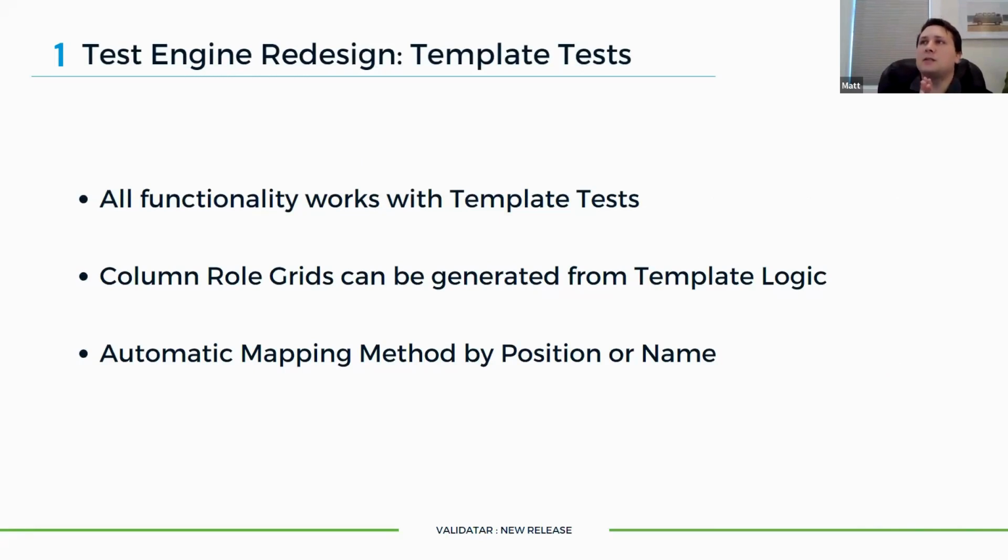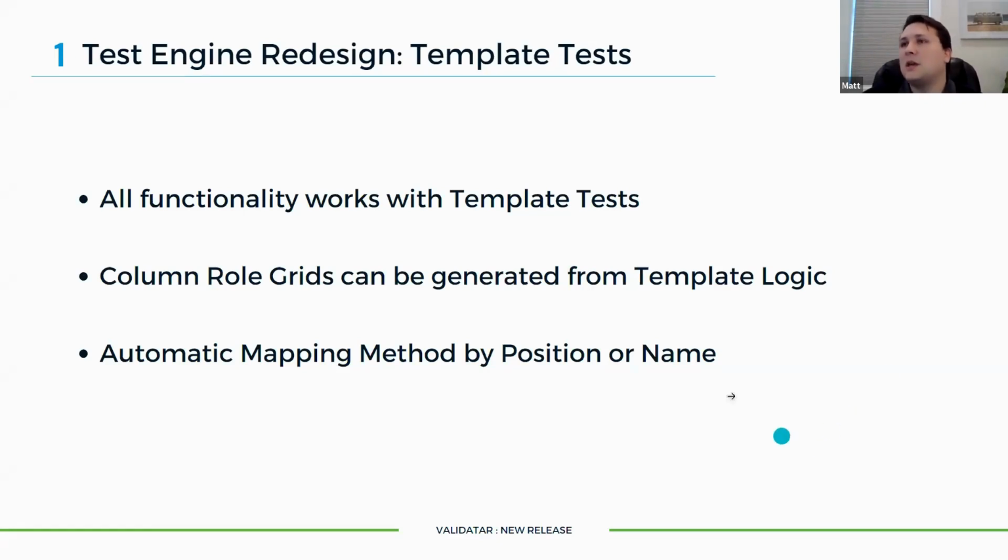The final thing I did want to say here, and I'm not going to show an example of this, is that all of this functionality works with template tests. And so if at the end we do have some time, I can show you an example of a template test that is using a multiple column type structure and iterating through your metadata, but still generating well-structured tests for each kind of combination that you would want.